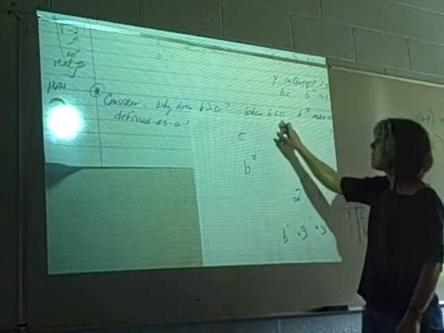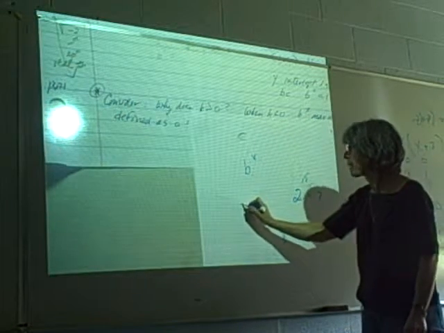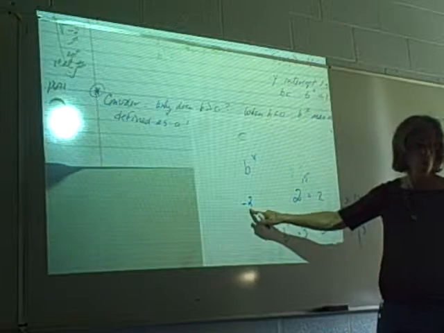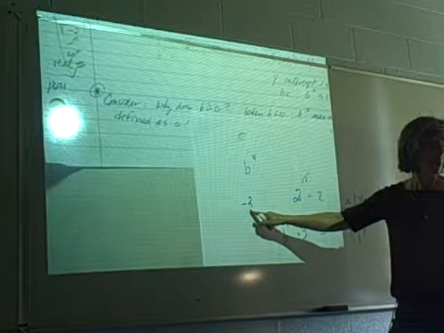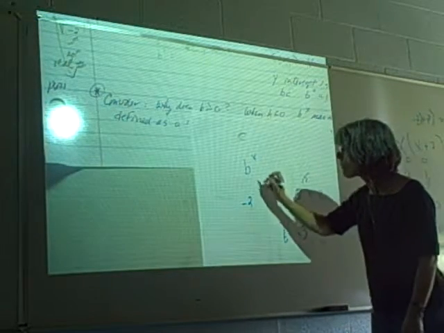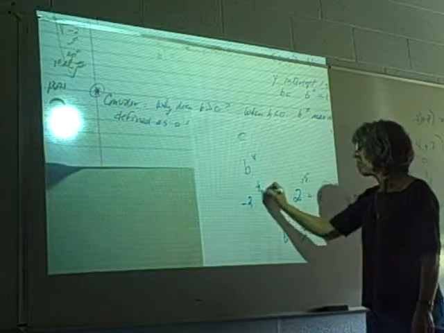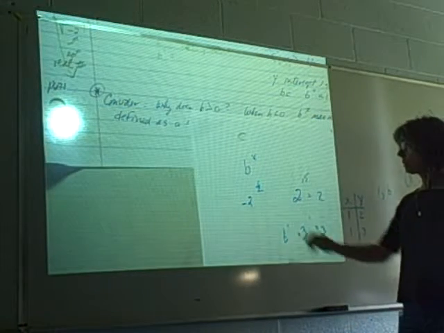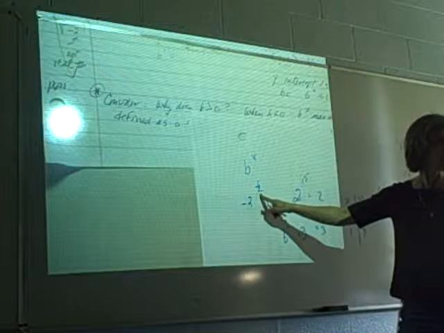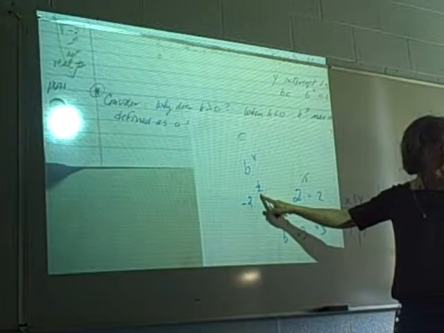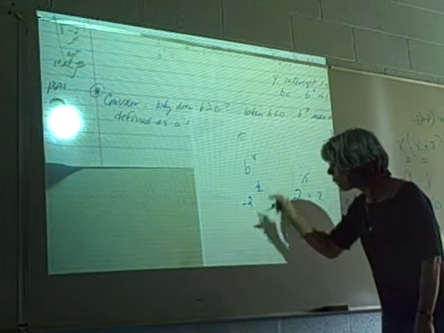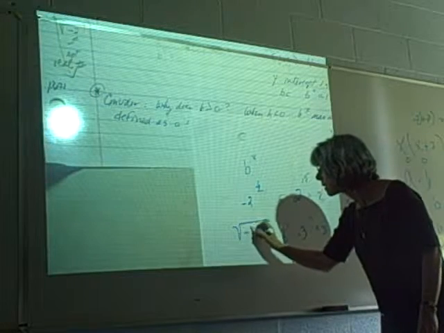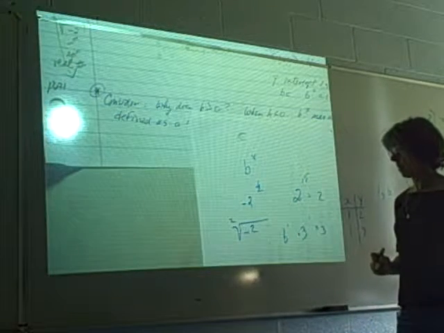So let's say b is less than 0, and let's have a -2. Is -2 less than 0? Yes. Okay, can I have that to that? Does that work? I have an exponent that is greater than 0. Can I rewrite this like this?